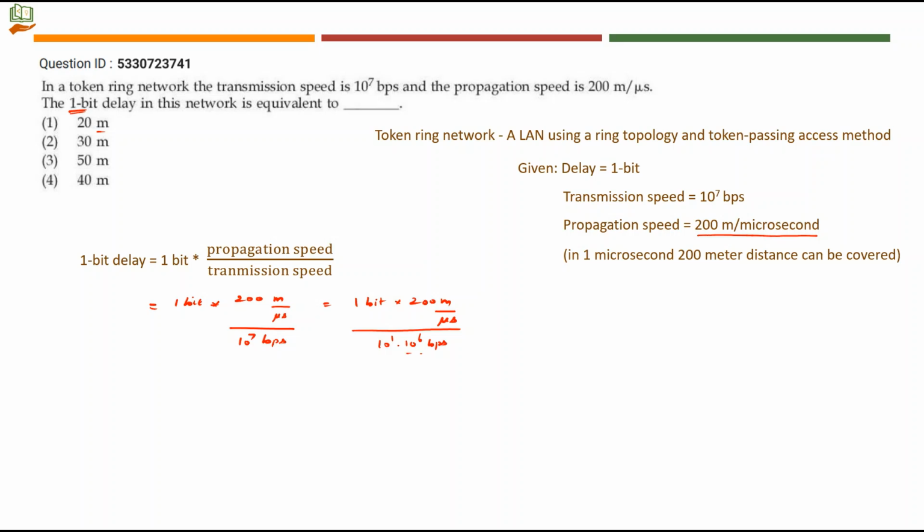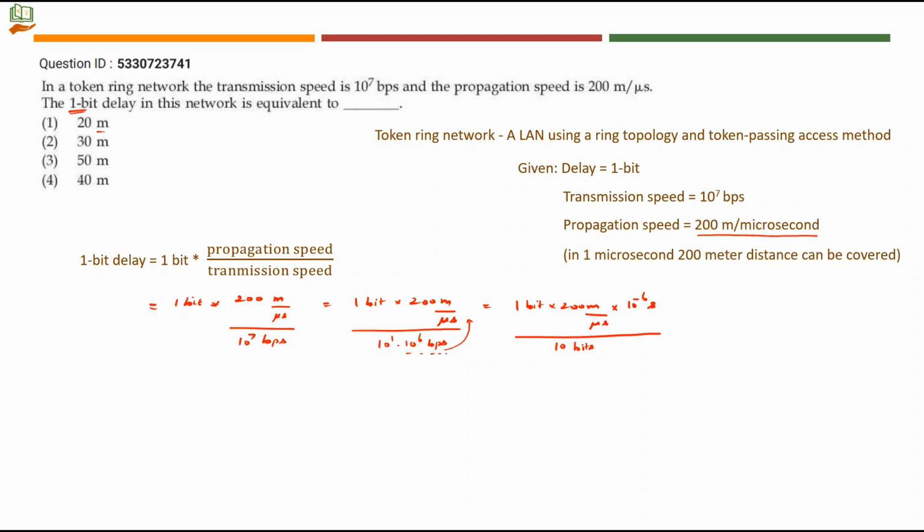Now we will bring this 10 power 6 to the numerator. This will be 1 bit into 200 meter per microsecond into 10 to the power minus 6 seconds. Then divided by 10 power 1, which is equal to 10. This bit is alone here. Per second has moved to the numerator along with 10 to the power 6.